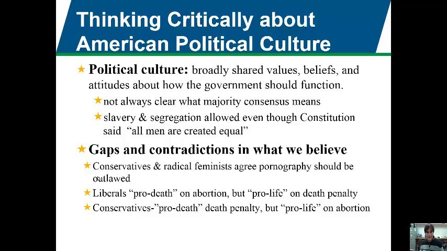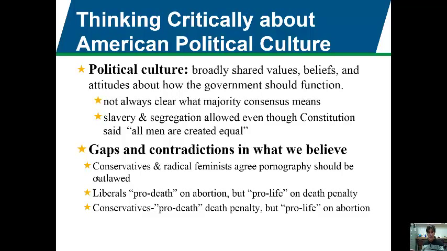So let's go ahead and move on and talk about political culture and political values. We need to really think critically about American political culture. We're going to study republicanism and democracy. The United States actually has a Republican form of democracy.